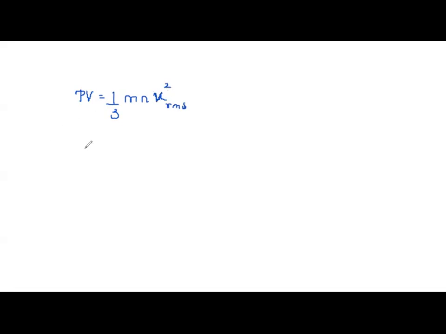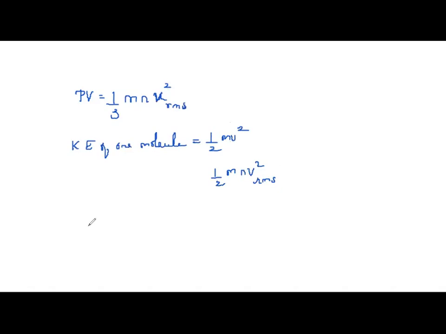Even they calculated the kinetic energy of one molecule. So kinetic energy of one molecule is equal to half m v². If you take n molecules, it is half m n v², where v is the root mean square velocity.